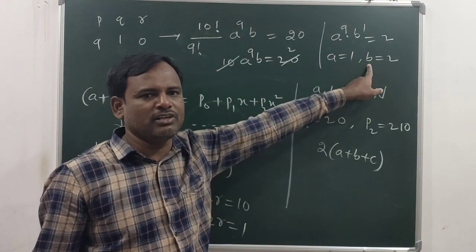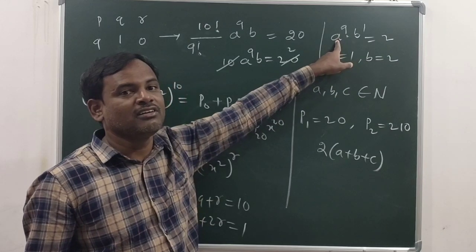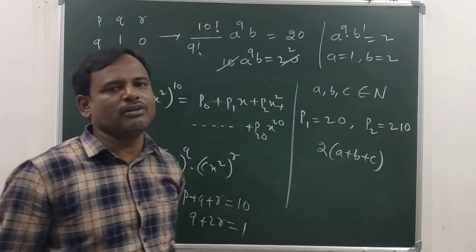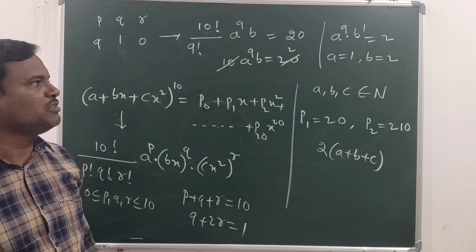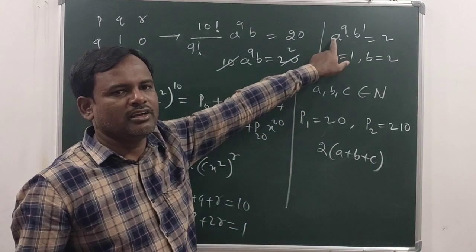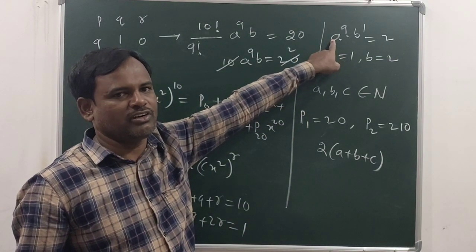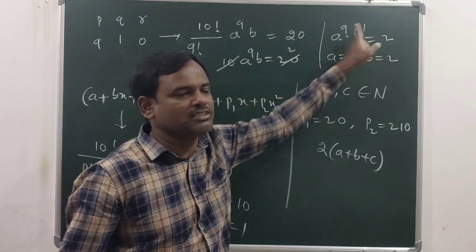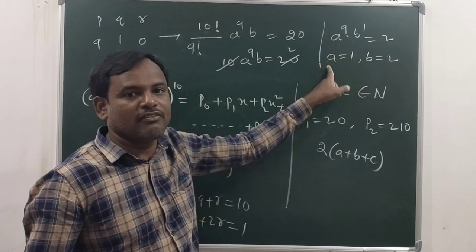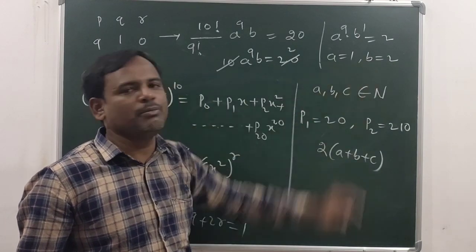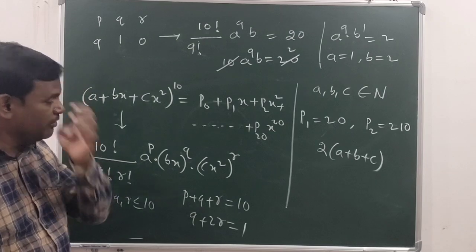These are the possible values. If I write a other than 1, that result would be more than 2. A should not be given more than 1. If it is given, that result will not be equal to 2. Hence, I should give a as 1 only. If a is 1, b will be 2. Okay, you got a, b values.